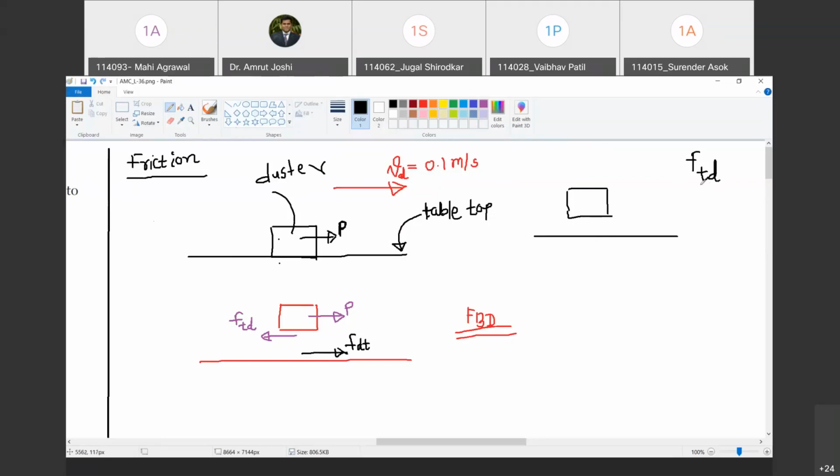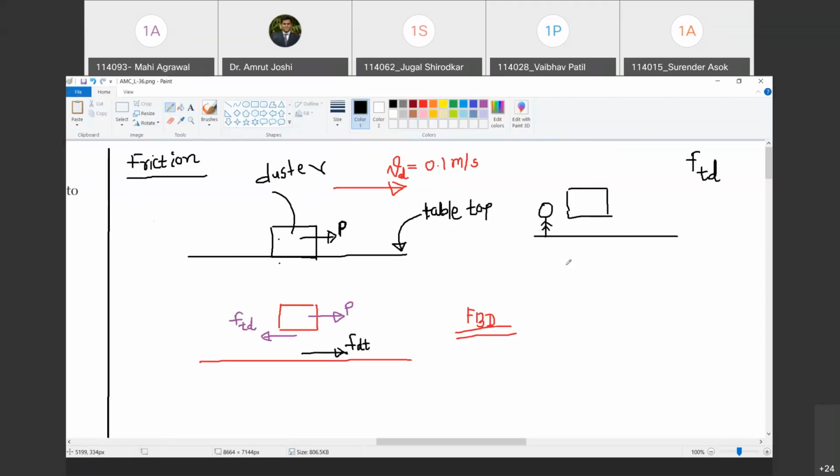So seat the observer on the object that has applied the frictional force. Are you with me? Yes, sir. As I am interested in finding the frictional force applied by the tabletop on the duster, I will ask the observer to sit on the tabletop. Are you with me? Yes, sir.